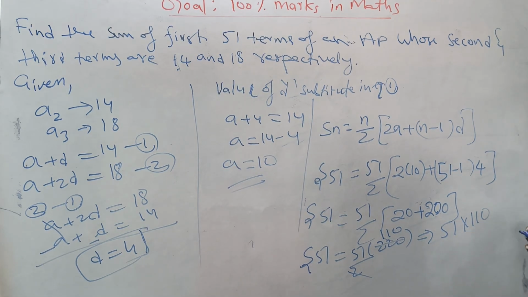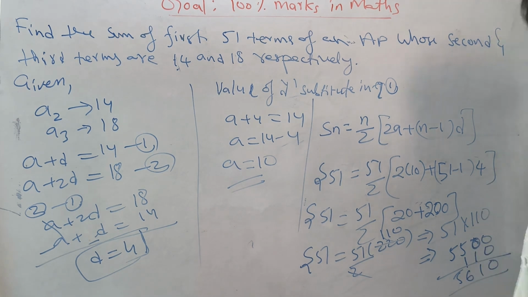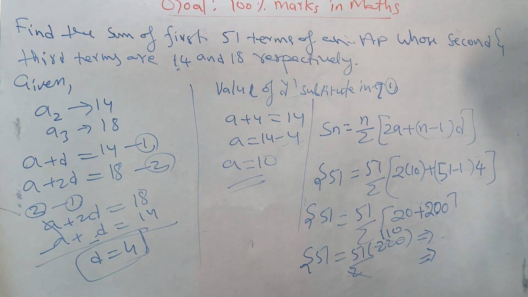Now 51 into 110, how much is it? Here we have to multiply in a smart way. First, 10 into 110 is 1100. Then 50 into 110 is 5500 only. Adding 1100 and 5500 gives 5610.